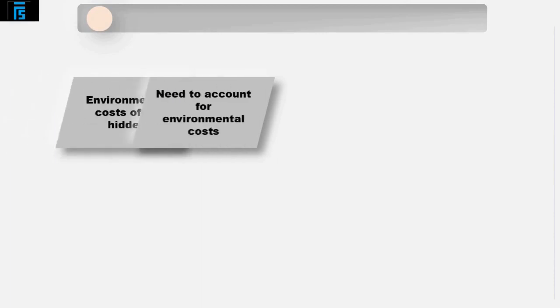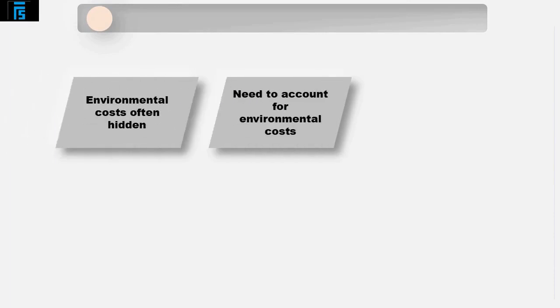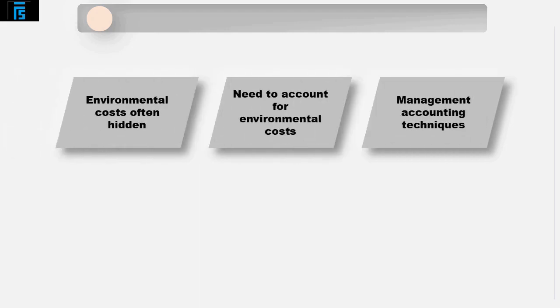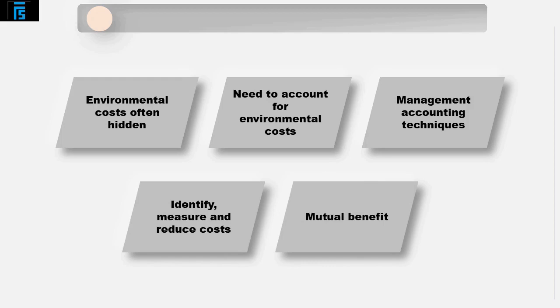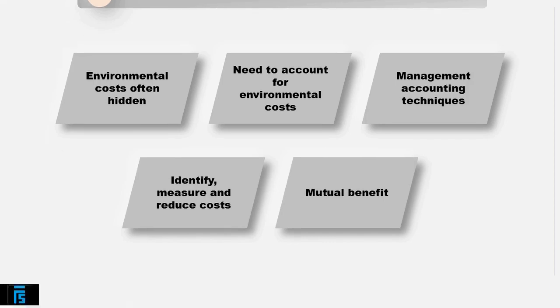As a result, they struggle to properly account for environmental costs and to implement effective cost-saving programs. Some appropriate management accounting techniques have been put forward to identify, measure and reduce environmental costs. Remember, to do so provides mutual benefit to both the company and the environment. Let's examine some of these techniques.